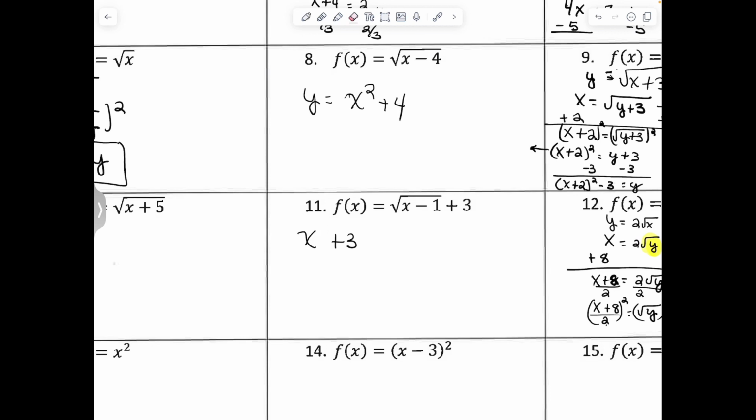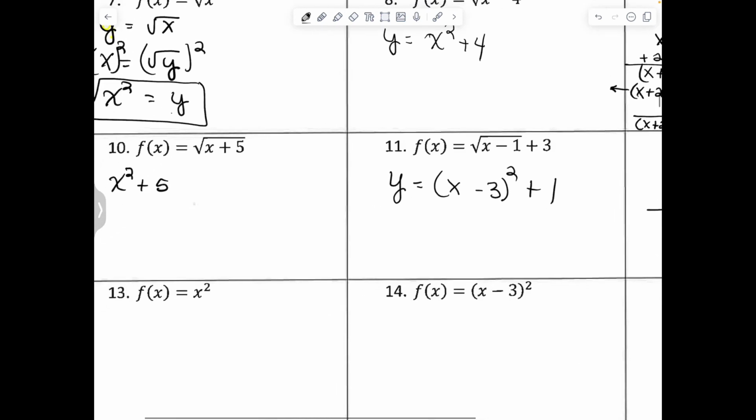Nope. x plus 3 squared. Nope. x minus 3 squared plus 1. Nope. Start over. y equals x minus 3 squared plus 1. There we go. So that's how we do those.